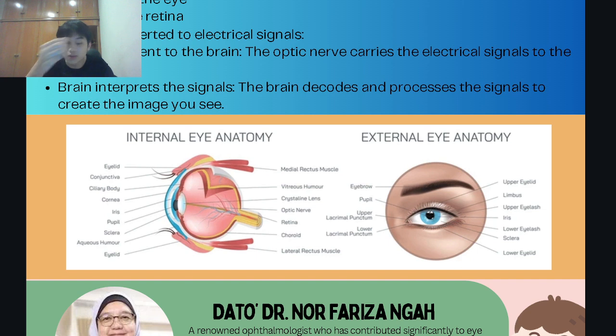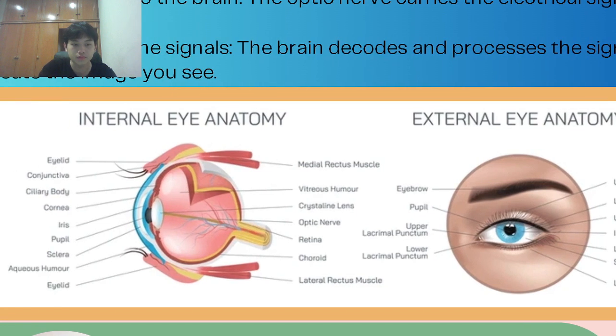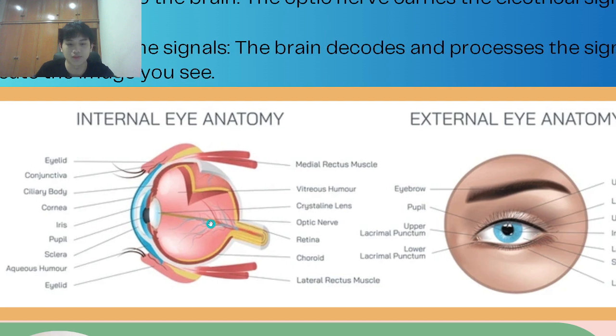The cornea is a clear and dome-shaped surface at the front of the eye that reflects and bends the light to help focus it on the retina. This is your cornea, and it reflects the light rays that you see into the optic nerve.